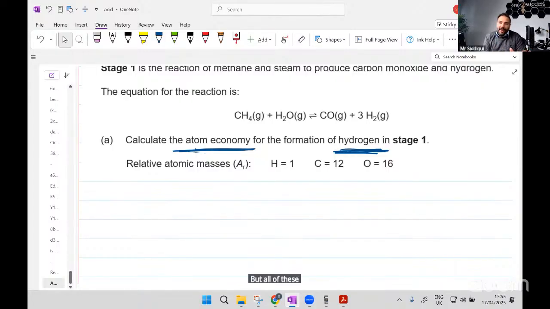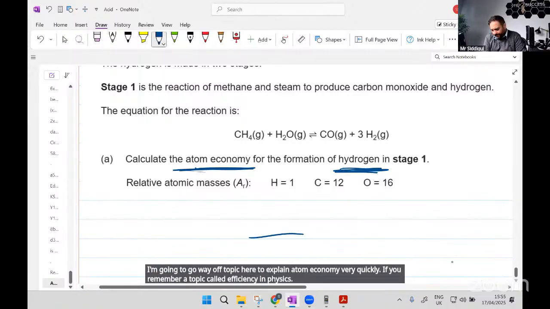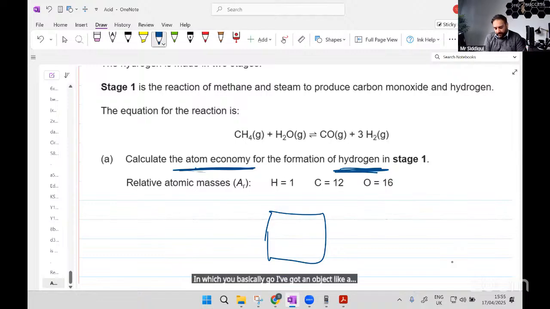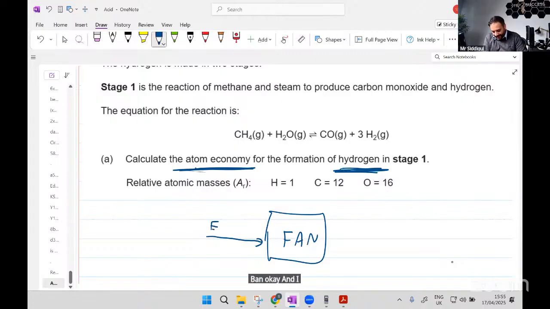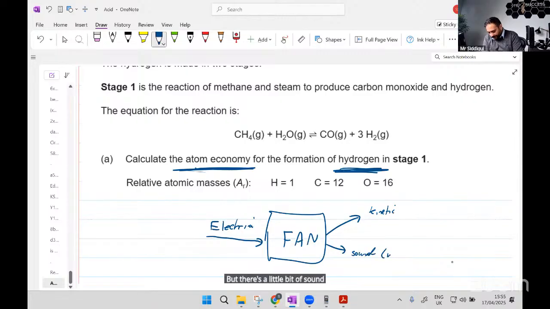I'm going to go way off topic here to explain atom economy very quickly. If you remember a topic called efficiency in physics, in which you basically go, I've got an object like a fan, and I put electrical energy into this fan, and it gives me kinetic energy because the blades spin, excellent, but there's a little bit of sound which is wasted.